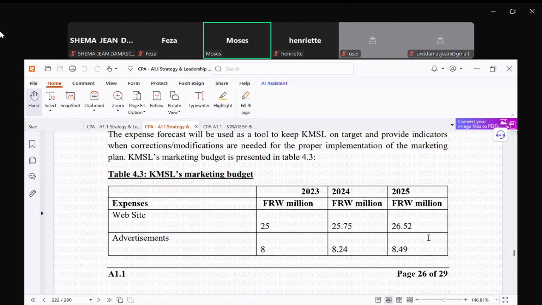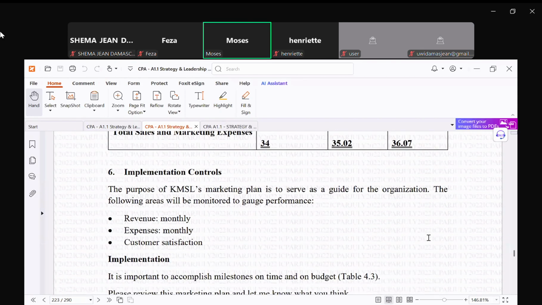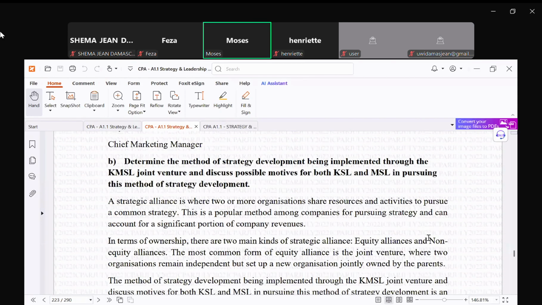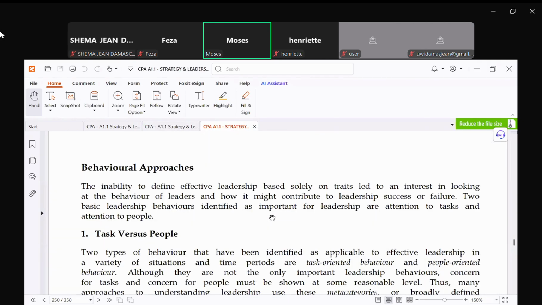And the sales forecast as well. You have to calculate that. So it's not common, but it's not impossible. Sometimes you can get a question that requires you to calculate something. Let me also show you something in the book.